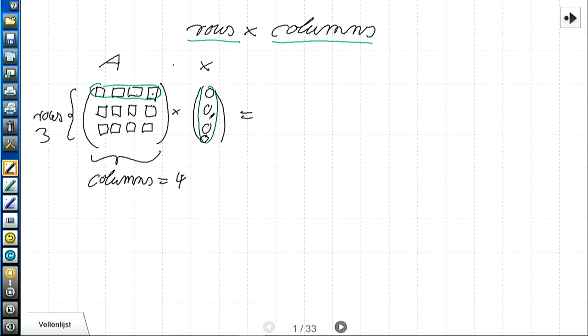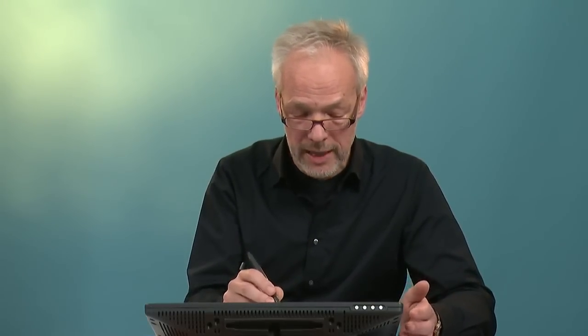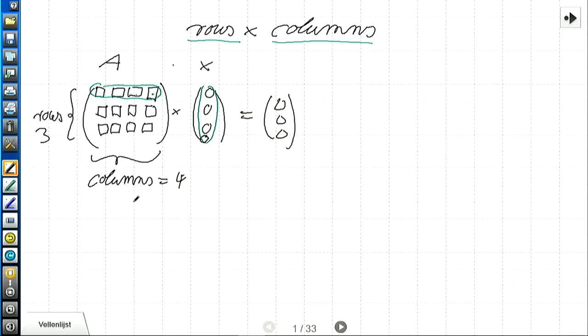And what comes out here? I have 3 rows, every row meets a column, so out comes a vector of length 3. Which means, and that is what we sometimes also ask you, let's do it in an algebraic way. It's a matrix. Again, we always write rows times columns. It's a 3 times 4 matrix.